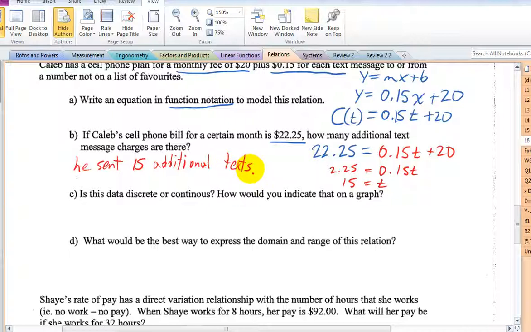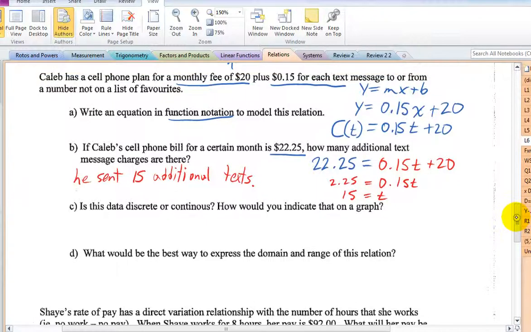Okay. So then we ask this question, is it discrete or continuous? Well, continuous would be cost, right? Because you can break the cost up. But what about text messages? How many of you have sent half of a text message? I don't know what that would look like.